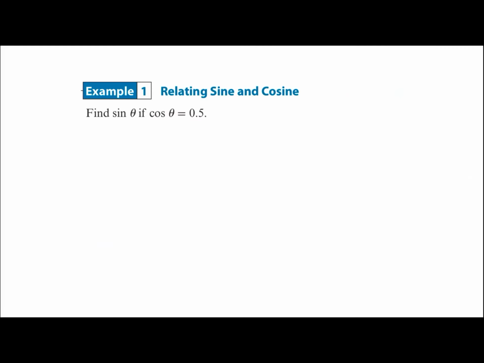In our first example problem, it says that we need to find sine theta if cosine theta is equal to 0.5. Let's go ahead and write down our identity: sine squared theta plus cosine squared theta is equal to 1. Next we're going to do our substitution.